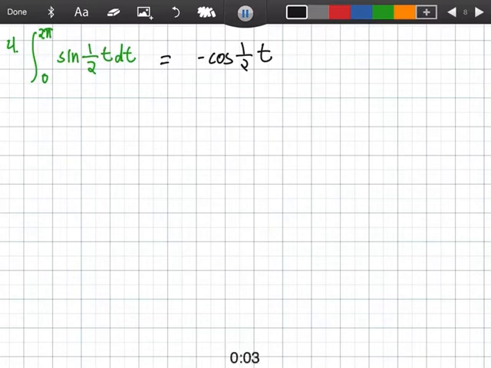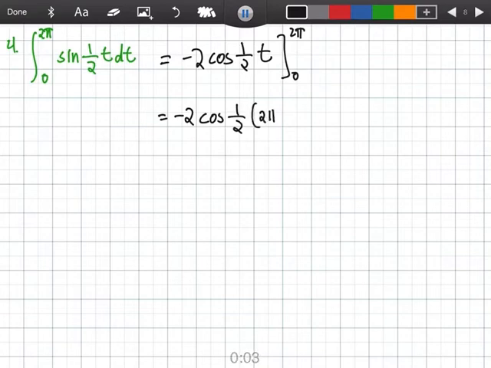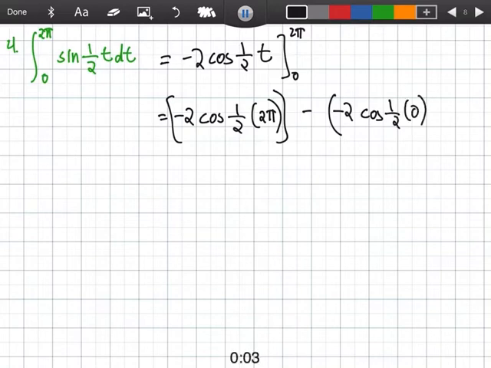So, we have our neutralizing factor, that is 2. So, negative 2 cosine 1/2 t from 0 to 2 pi. Okay, so, going to substitute it, cosine 1/2 of 2 pi minus negative 2 cosine 1/2 of 0.